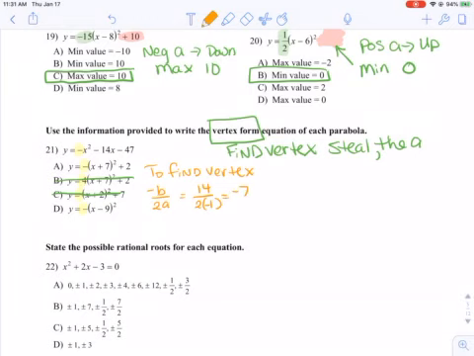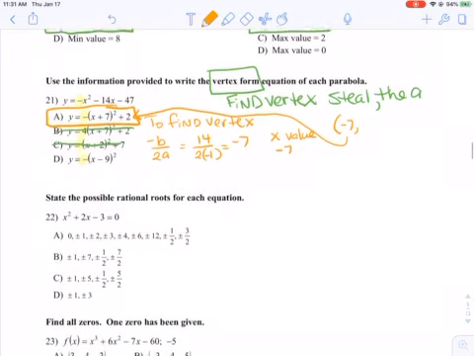So this is the x value. So if the x value is -7, we know that this has to be the winner right here. Okay, so that one's finished.